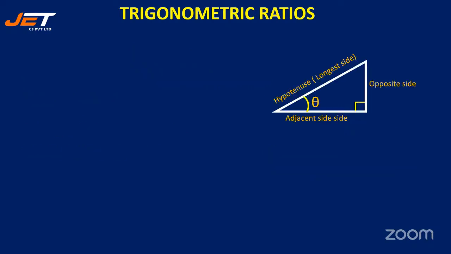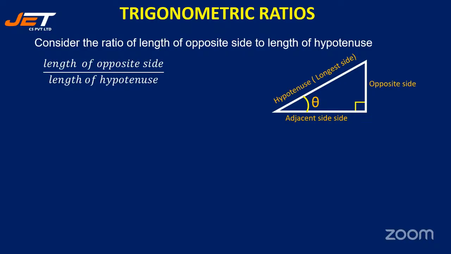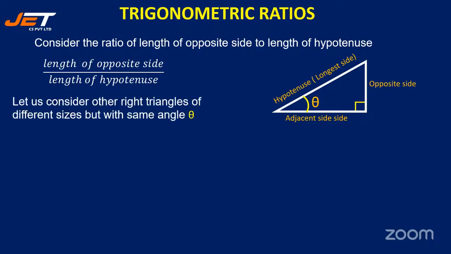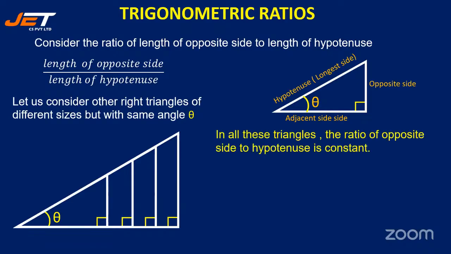Now with this, let's consider the ratio of length of opposite side to length of hypotenuse. Let us consider other right triangles of different sizes, but with the same angle theta. You can see here the triangles. In all these triangles, the ratio of opposite side to hypotenuse is constant.